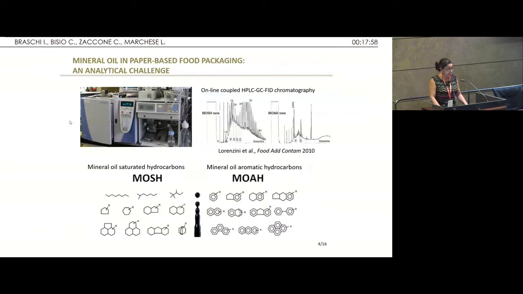The first issue to be solved with these emerging contaminants was of analytical type, because when you have to measure a mixture of thousands of compounds, it's a problem to find out the best detector or the best analytical solution.